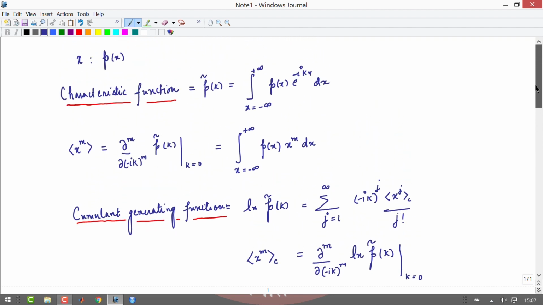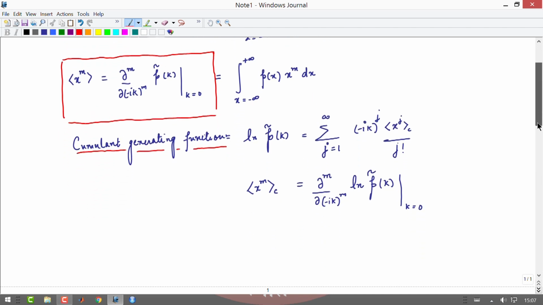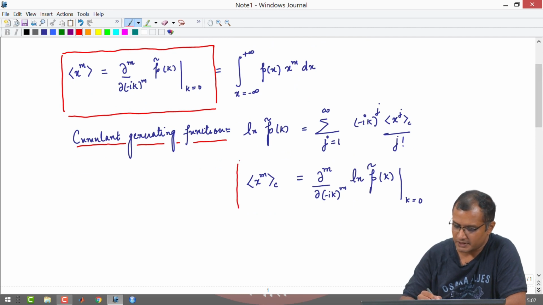So, you now have two powerful expressions. One is this expression for computation of moments using the moment generating function, and the second is the powerful method of computing cumulants using the cumulant generating function.